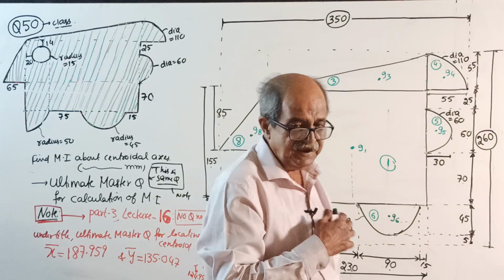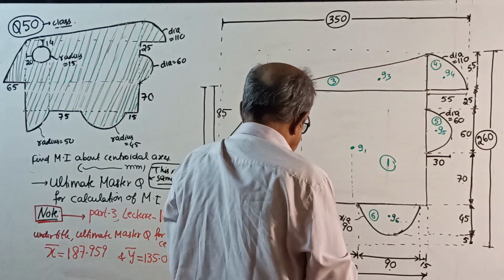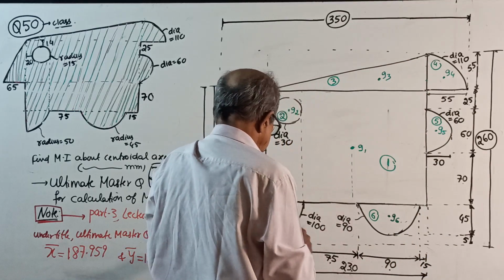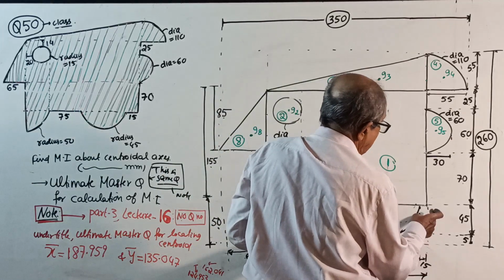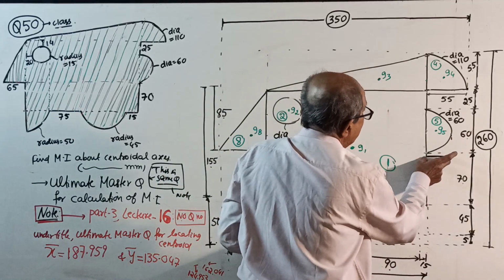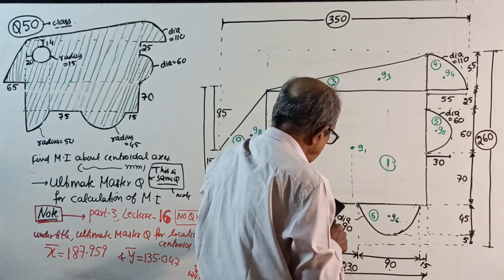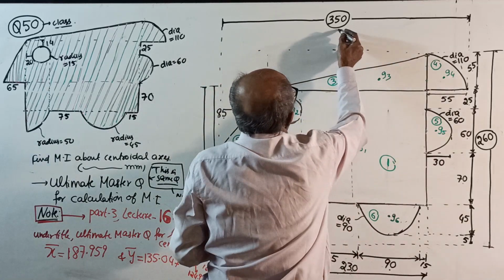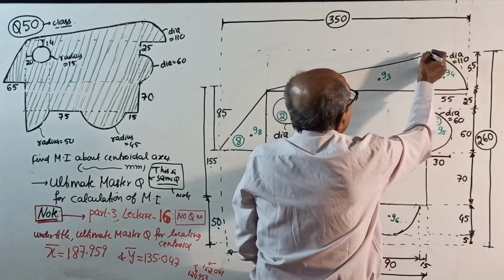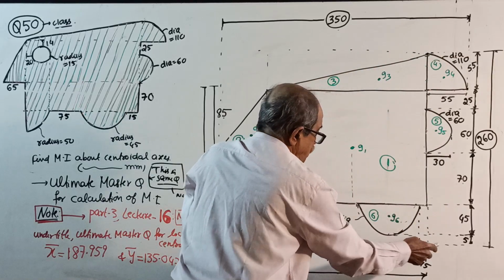I'll check the answer once again, to be on the safer side. 65 plus 230, then this is 30, this is 55. 55 plus 55 gives 350 as the outermost horizontal length.